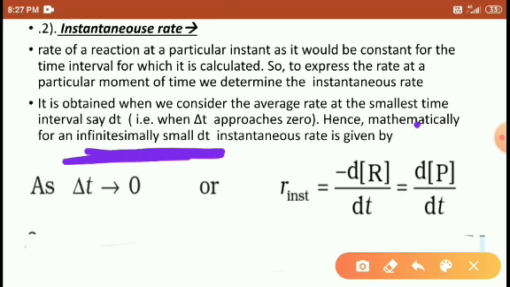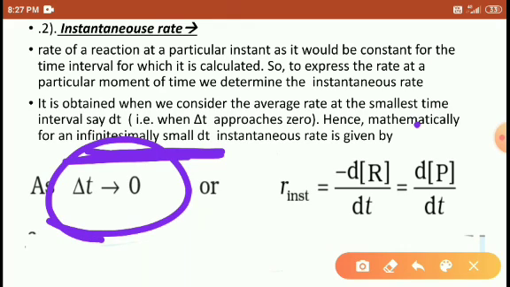The instantaneous rate is represented as the decrease in concentration of reactant with respect to time, the differentiation of the concentration of reactant by dt, or the differentiation of the product by dt.